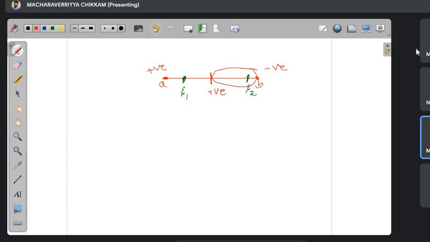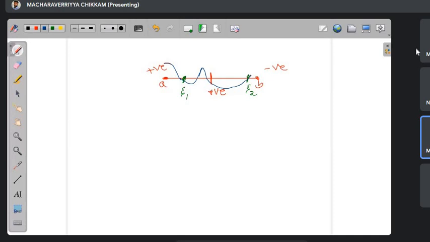You may ask me, sir, how is it possible to have such a graph, with the root here and the root here, whereas it is positive here? Yes, it is possible. Let me draw the graph like this. Let it come down.